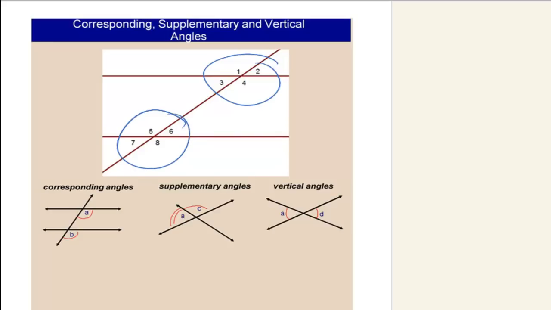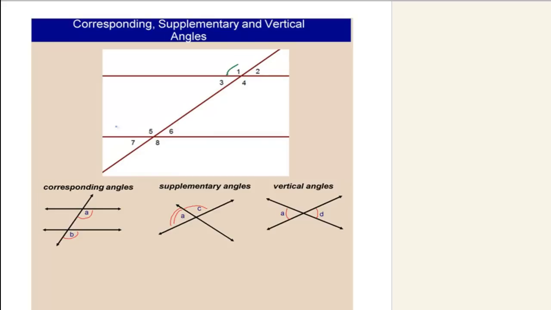You may also notice these angles look the same. And what I mean by that is that these top angles, if they were to slide down the line and land on top of these bottom angles, they would line up perfectly. This relationship is referred to as corresponding angles. The angles that would line up on top of each other are referred to as corresponding.